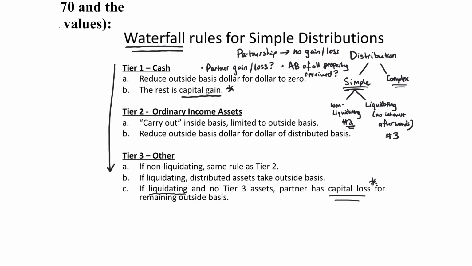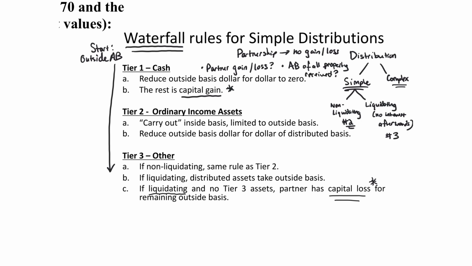We start with the outside adjusted basis of the partner before the distributions. That's our starting point. So we start with the outside adjusted basis of the partnership interest. Then we go through each tier. Tier 1, we ask, is the partner receiving any cash? If so, we know in tax that cash always has a face value basis. We reduce the basis down by the amount of cash.